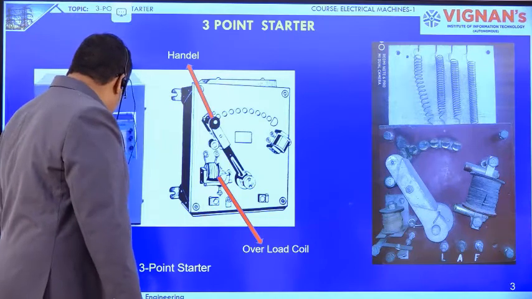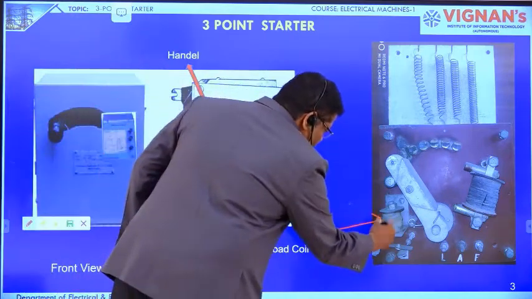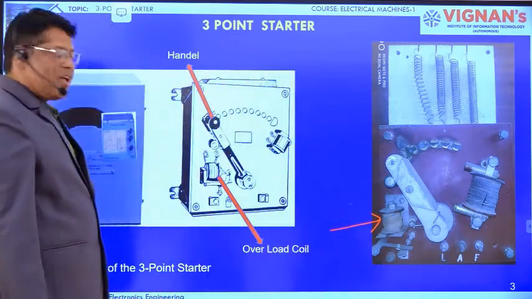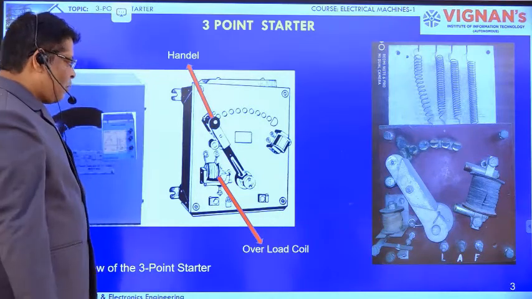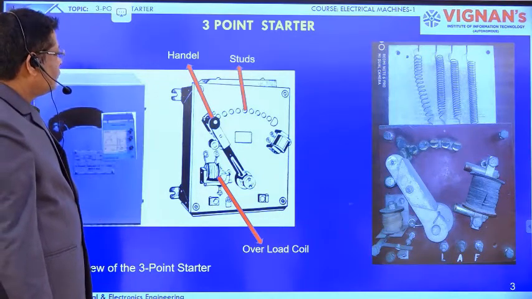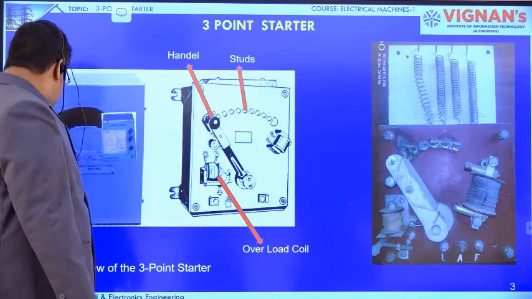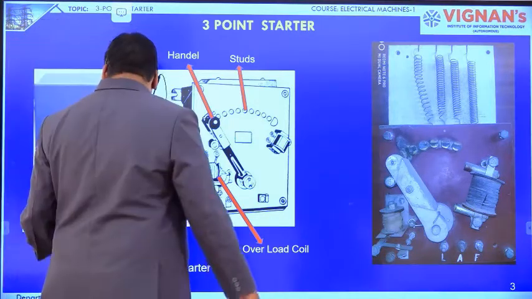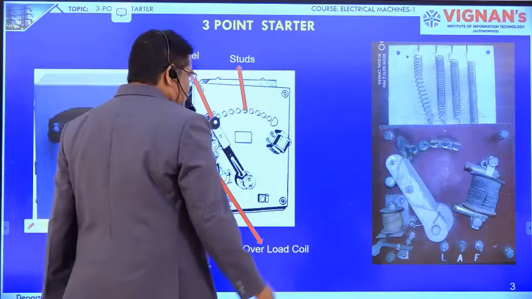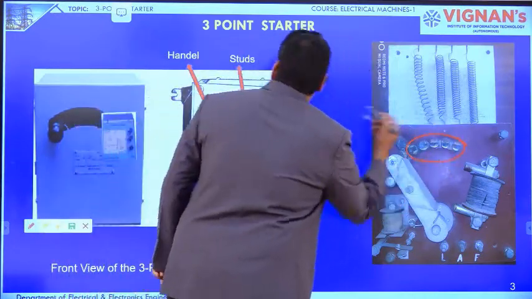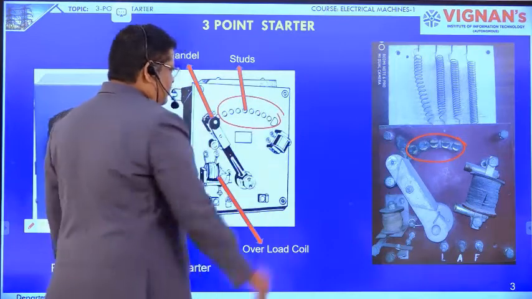Here, this is the overload coil. Then the studs. These are the studs.